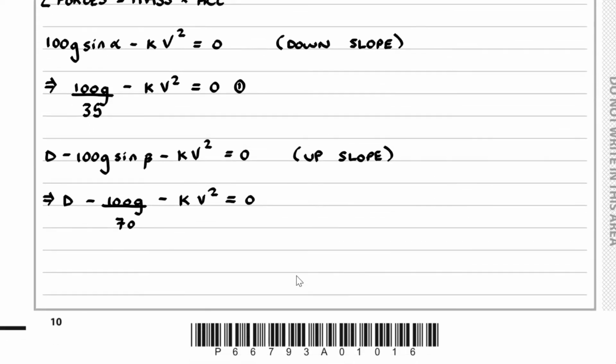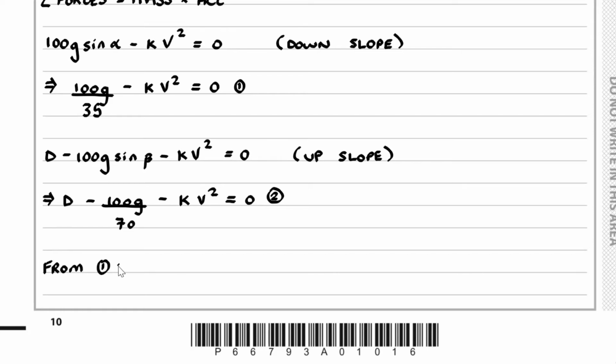Now, if I call this equation 2, what we can do is replace the kV squared by a certain value by rearranging equation 1.